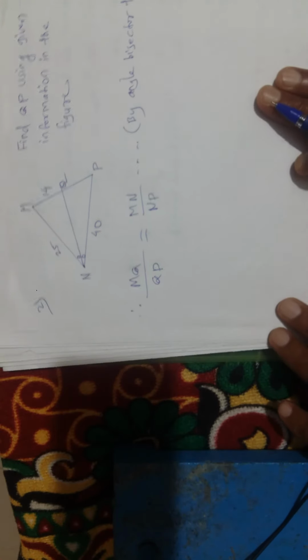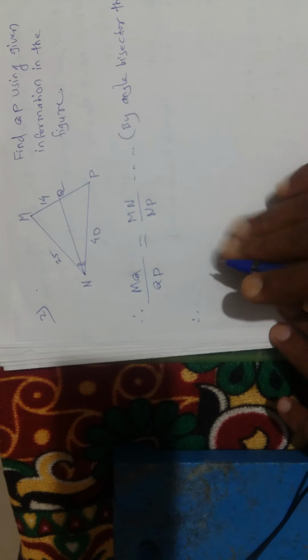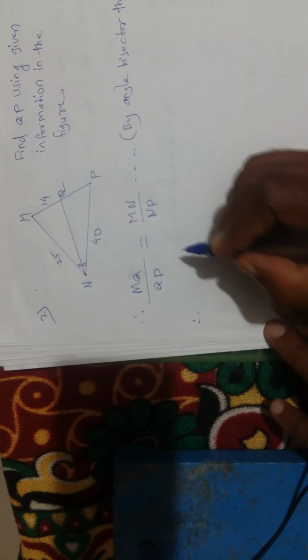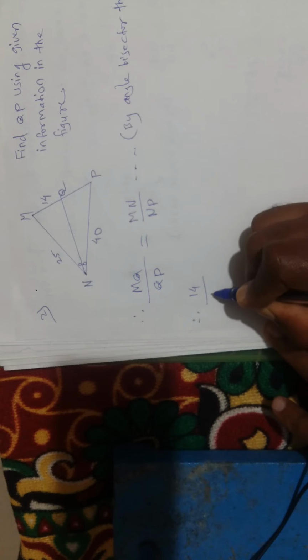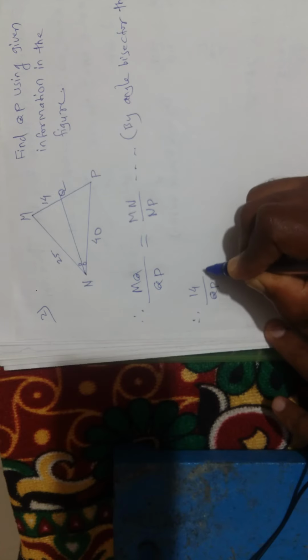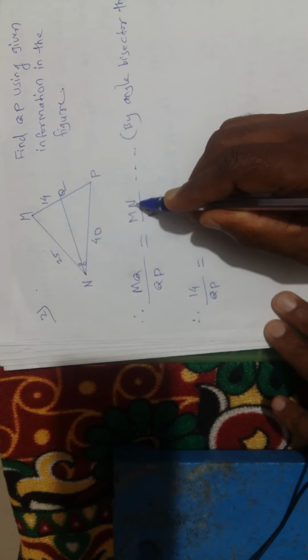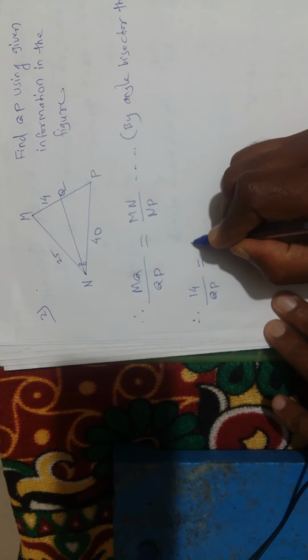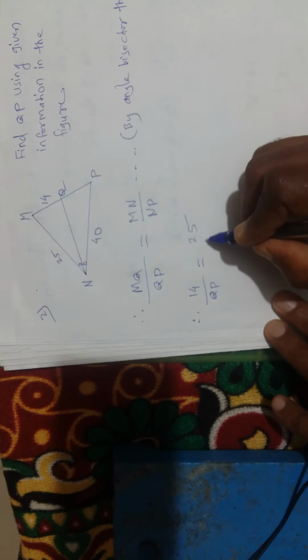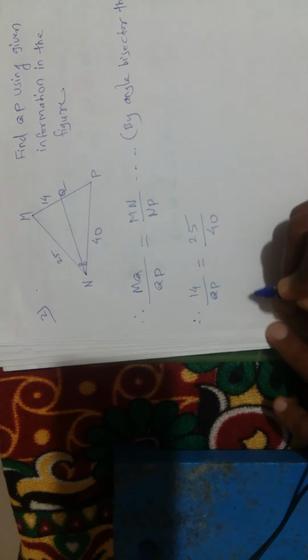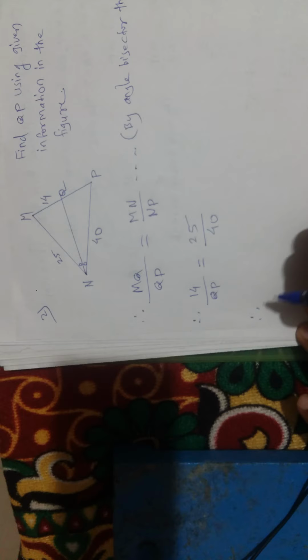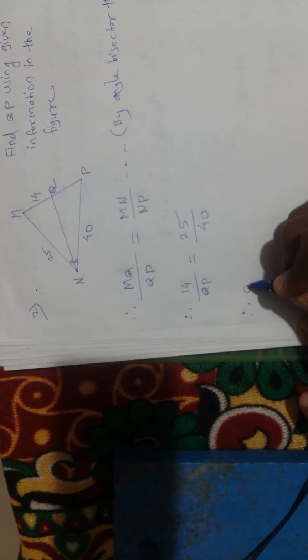Okay, put the values. What is the value of MQ here? 14, and QP is not given, that is QP, that is equal to, what is the value of MN? 25. And what is the value of NP? That is 40. Now make the cross multiplication.